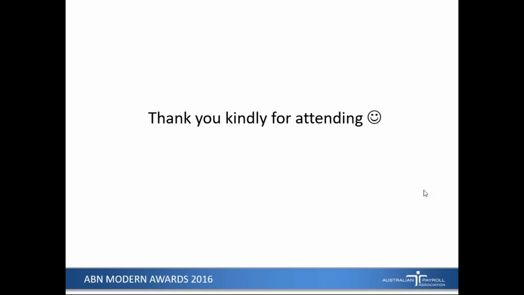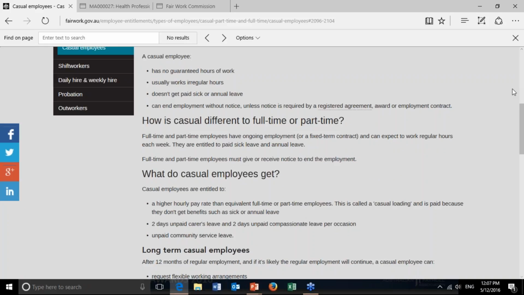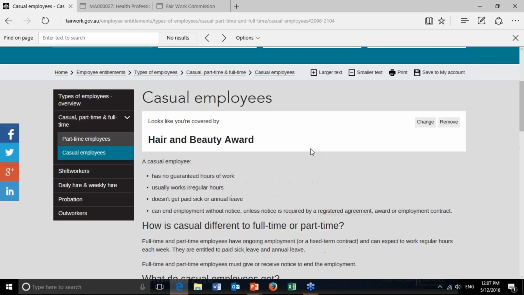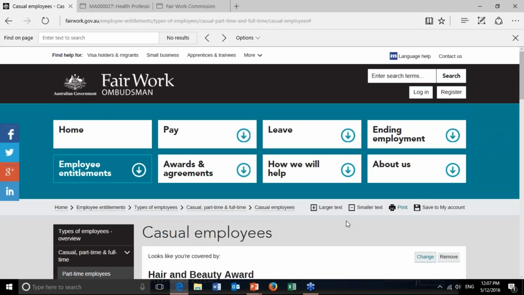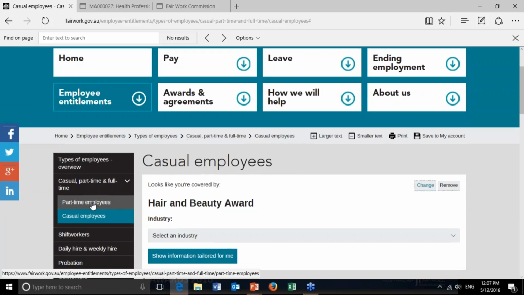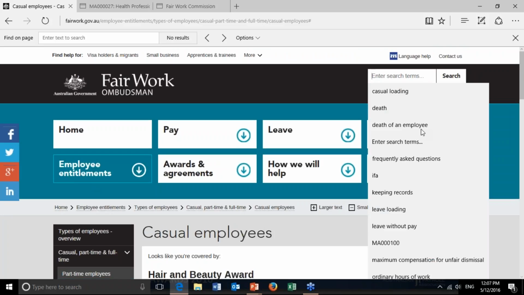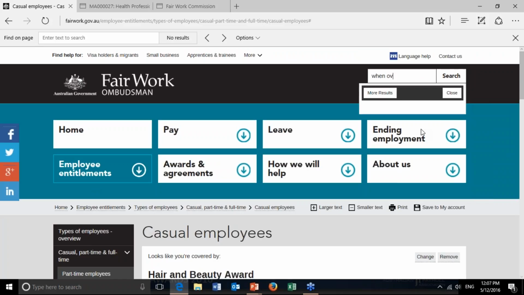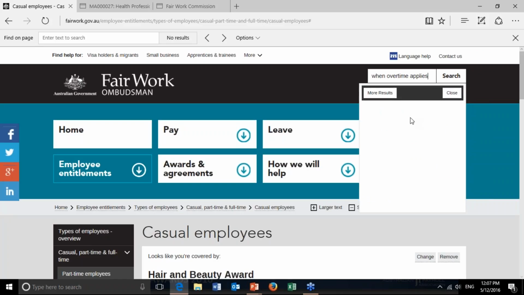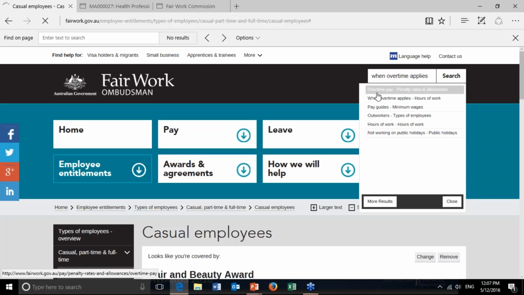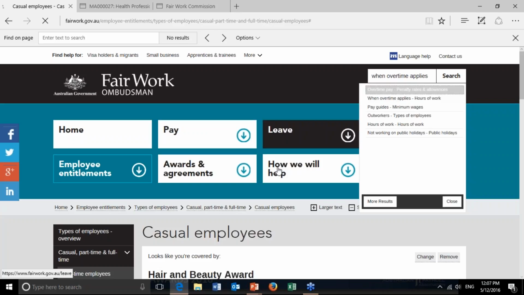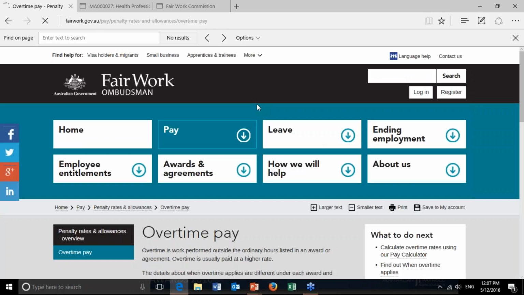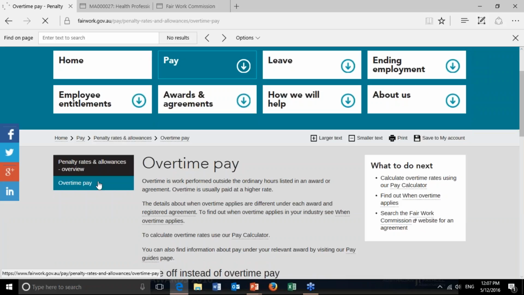Let's have a quick look. So I think the question is about overtime and spread of hours? They're covered under the Registered Clubs Award, I believe. The easiest way here is to go into your search field and type the words when overtime applies, and hopefully we'll be able to get the Registered Clubs Award down here.